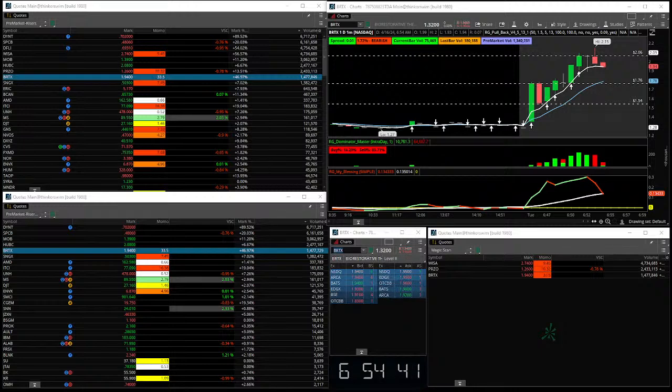Looks like we're going to be pulling back here. Blessing indicator down. The volume's dying off. We're seeing red candles. And we're seeing red dominator bars.